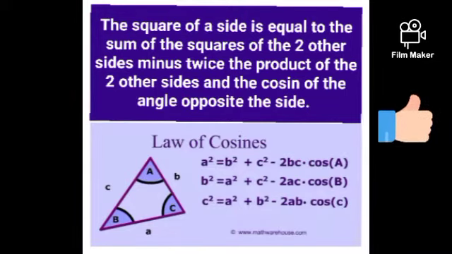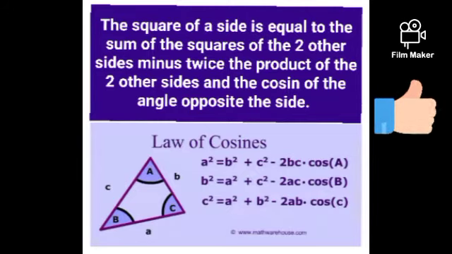If we write the equation from the law of cosines for small a, the side opposite angle A, the square of the side we consider, small a squared, is equal to the sum of the squares of the two other sides, small b and small c.